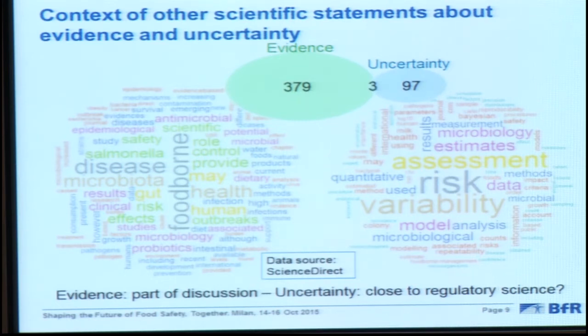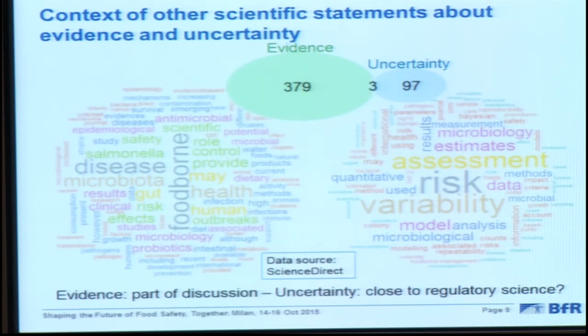On the right-hand side, looking at uncertainty occurrences, those terms are a little bit more familiar to the risk assessor because the terminology or the wording here covers risk, variability, uncertainty, estimates, assessments. So that, again, with all caution, reflects a language which is also the language in regulatory science and in the science of risk assessments.